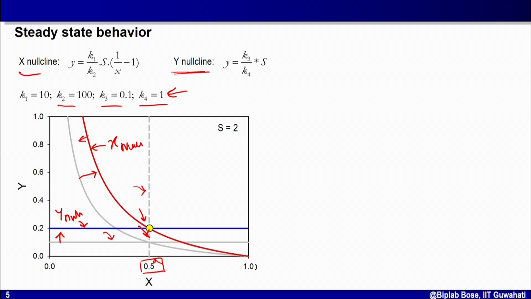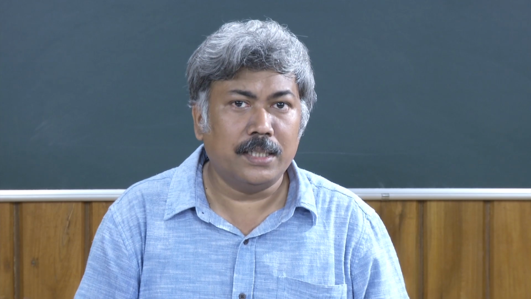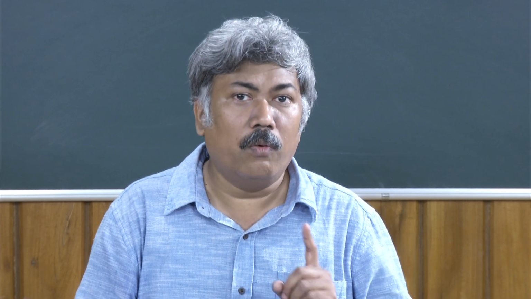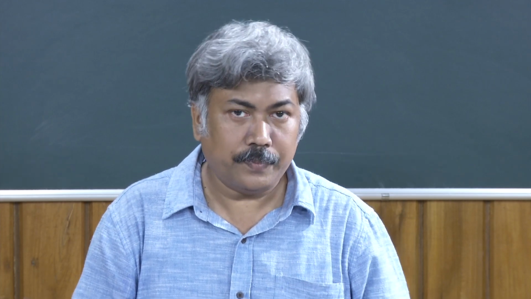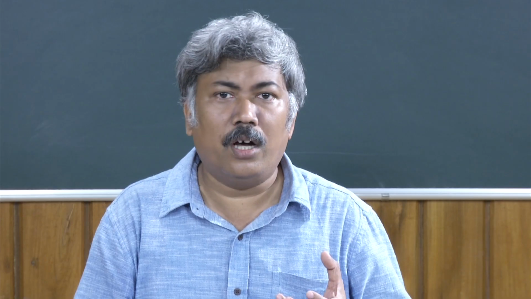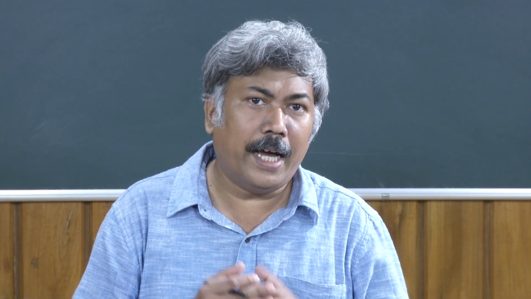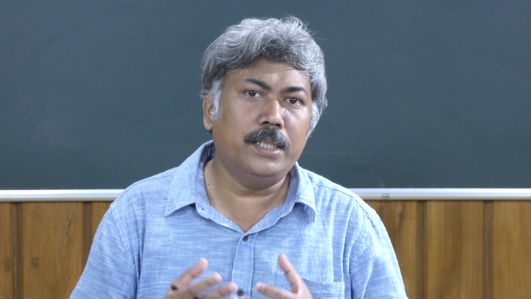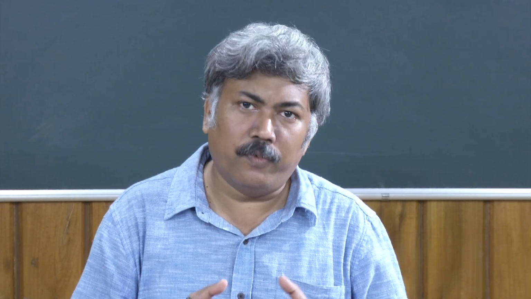That means the steady state value of x does not depend upon the input signal. Now if I consider input signal s and steady state value of x as output, then I can say that the output is independent of input signal. I will explain this one further.